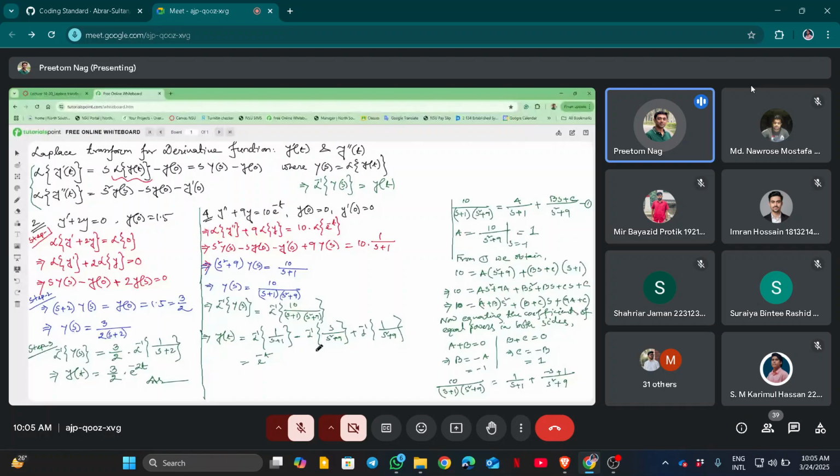S by s squared plus 9 will be cosine 3t, and 1 by s squared plus 9 gives 1 by 3 sine 3t. I believe you can follow it, and that's our answer. So basically, when inverse Laplace transform problems are non-homogeneous, we can get some benefit by applying the inverse Laplace transformation.